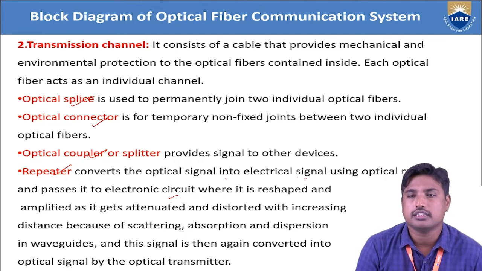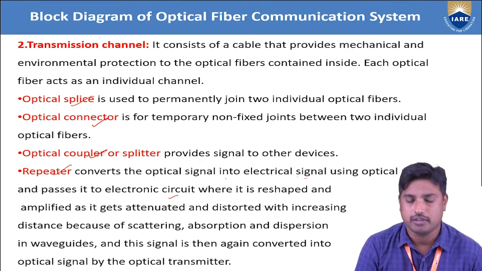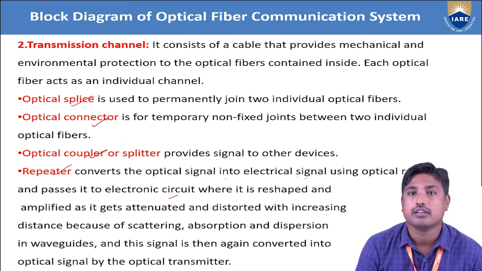Due to the long distance traveled by the light signals, some signal is lost, so to increase the signal strength, the optical repeater is used here. Mainly it converts the optical signals into electrical signals, then reshapes and amplifies them.